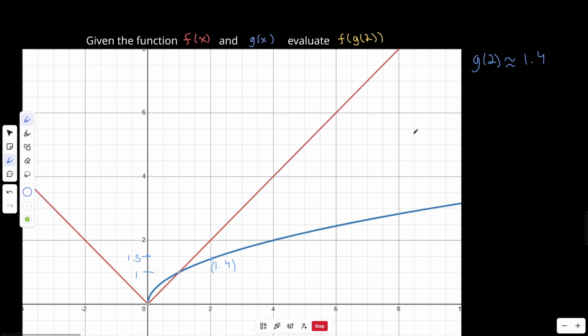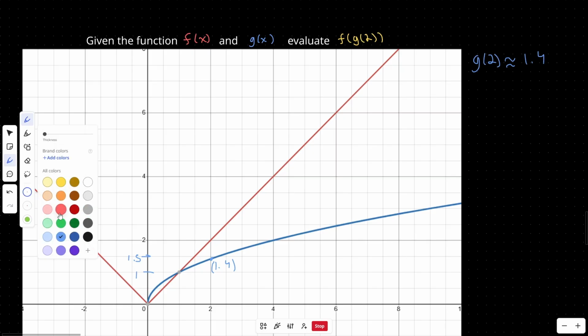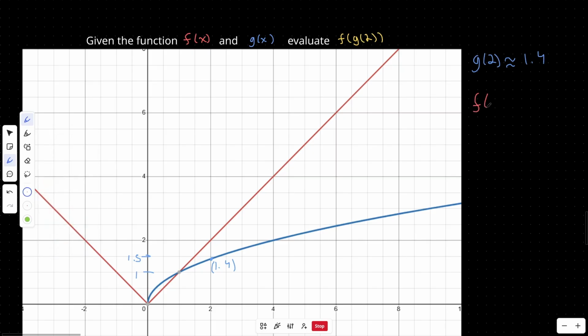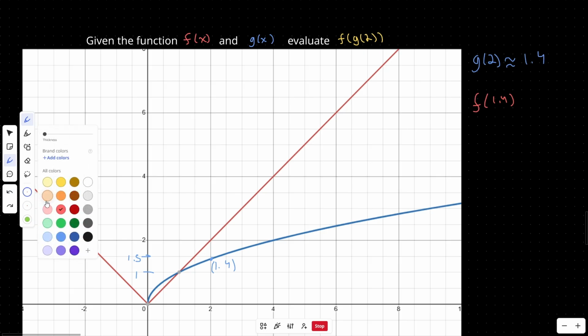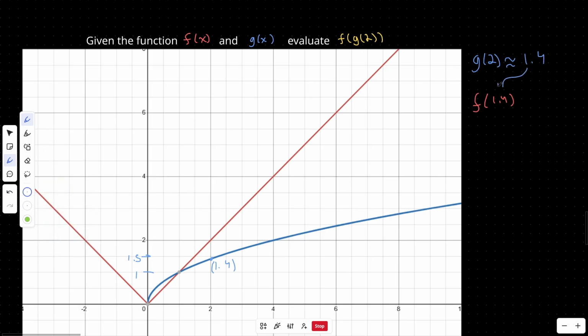And we're asked to find f of g of 2, so now we have to plug 1.4 into our f function. So we say f of 1.4, because all we did was move that over to the inside of this function. So f of 1.4, what is that going to be? If we go to 1.4, that's going to be somewhere right there, and it looks like it is just below 1.5.